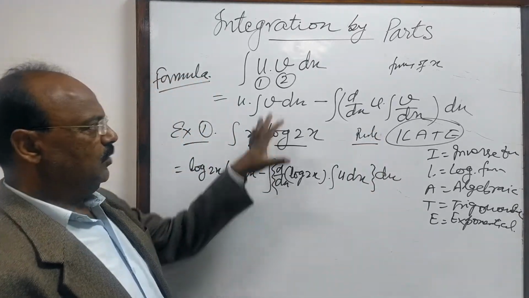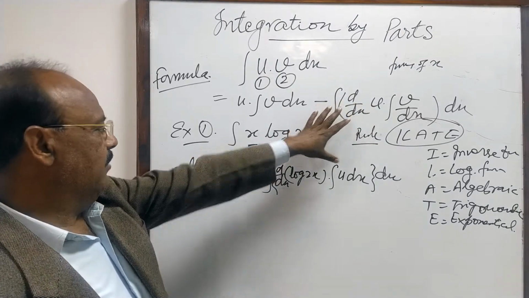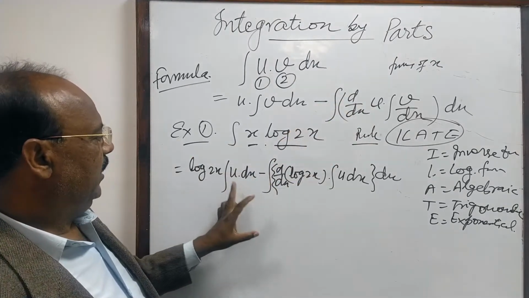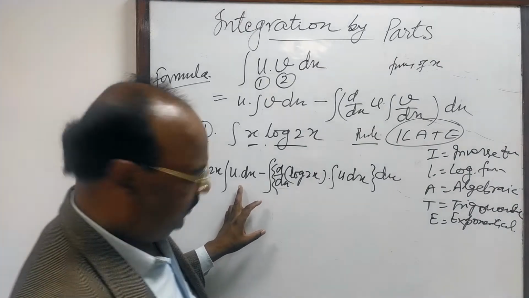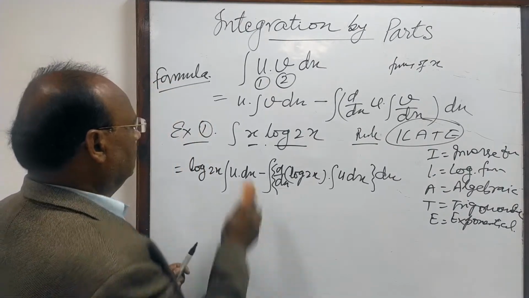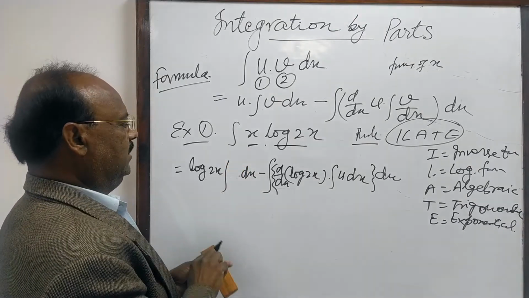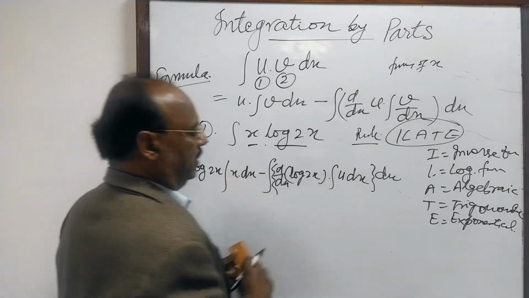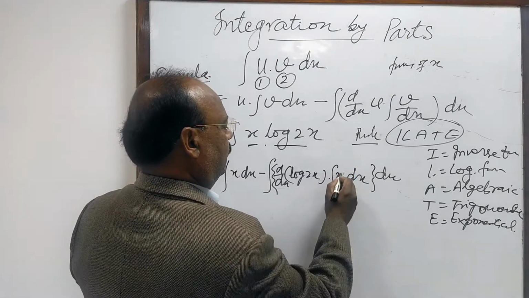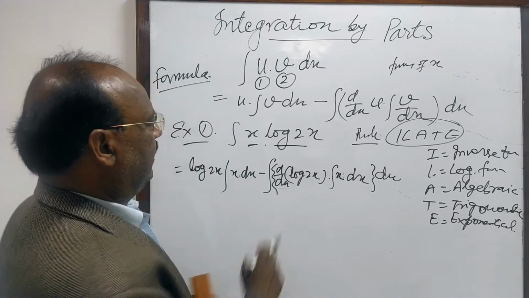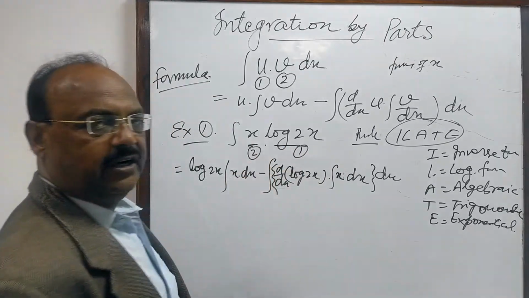So now this formula is very clear. We have used this formula and we have written here first function, integral of second function, because here in place of u we have to write x, because the second function is x here. Here also you will write x, correct? So we have taken log 2x as the first function and x as the second function.